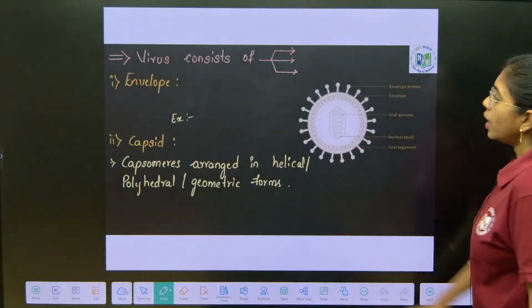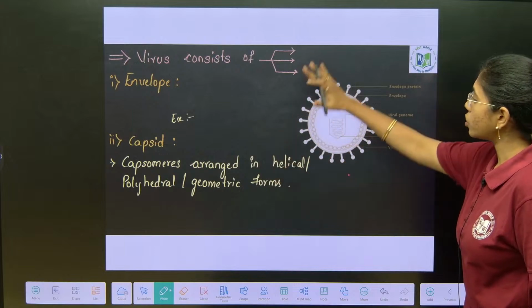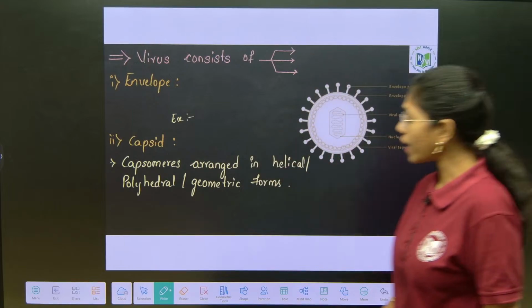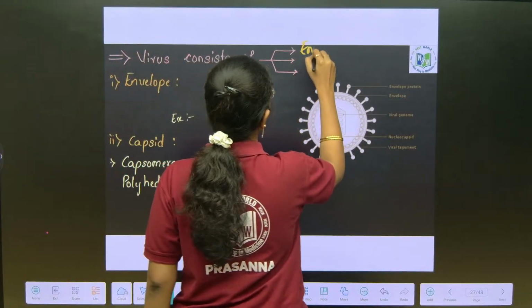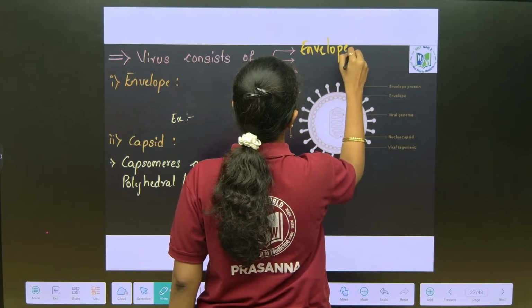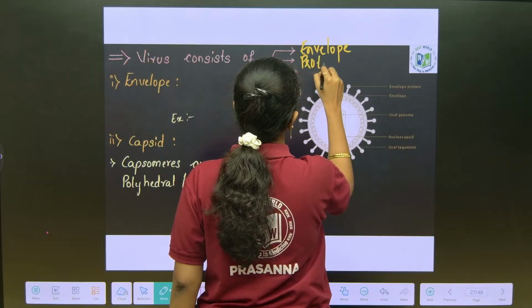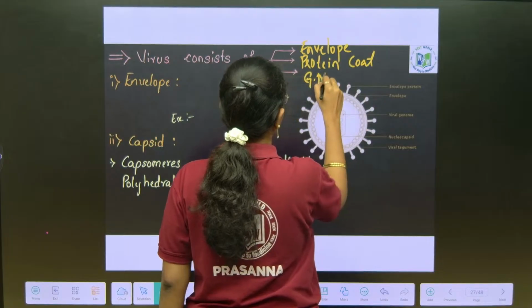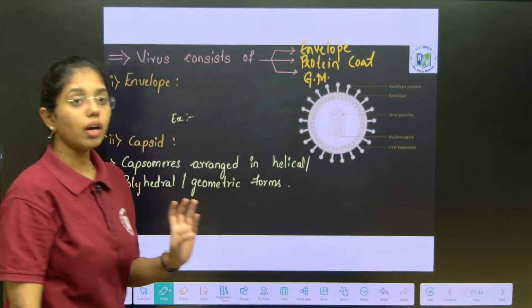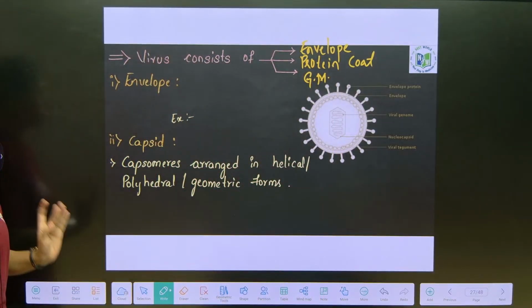Next, virus consists of what? Virus consists of envelope, protein coat and genetic material.